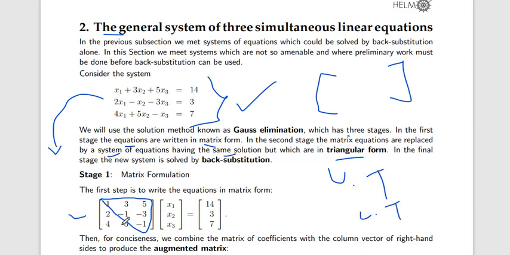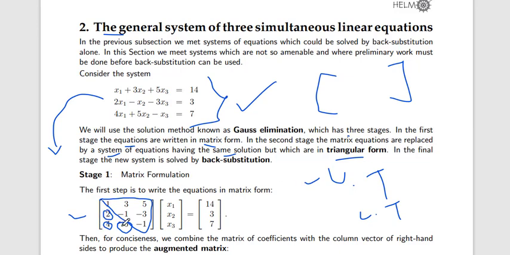By some method we will transfer this matrix into the form of upper triangle. Upper triangle means this value we will get as 0. Some methods we will discuss in a later part of this lecture. How do we get this value as 0?